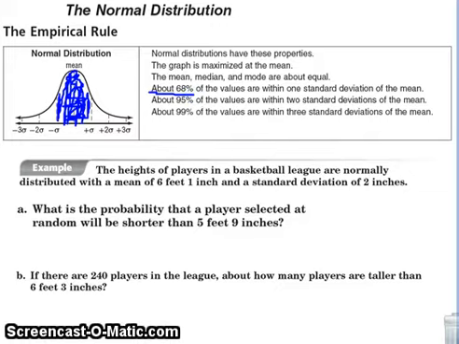Even more importantly, what I think is even more interesting is that if you go 2 standard deviations to the right and the left of the mean, that is about 95% of your data.